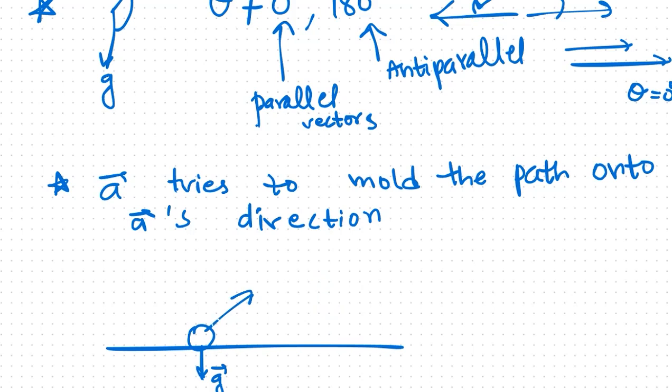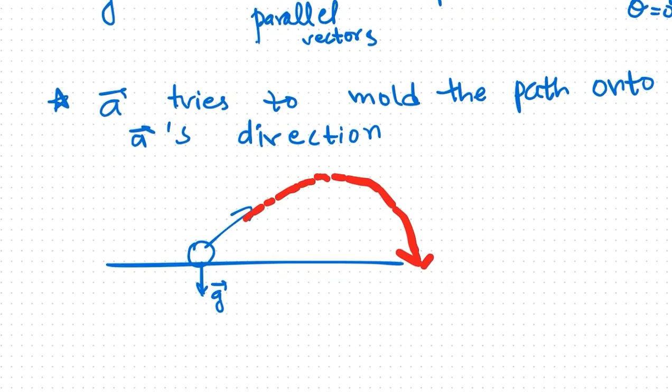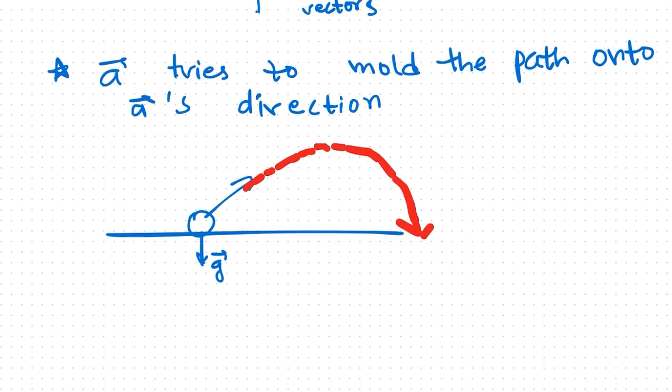So it will go up, up, up, it will reduce its speed, and then it will come down like this. So it is trying to obtain the path of acceleration direction. That is why it goes down. So this is what is happening.